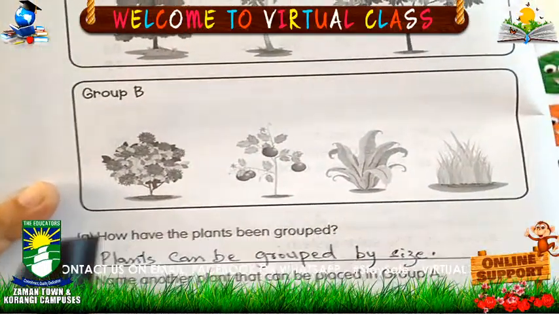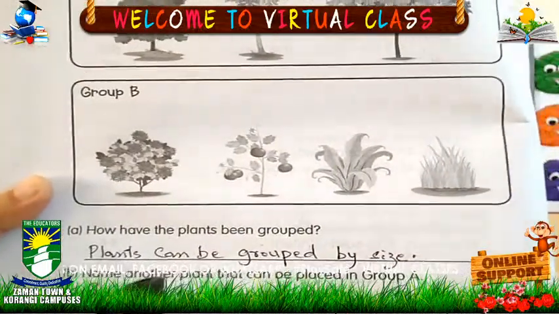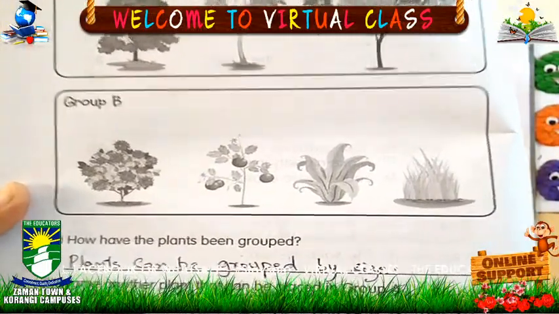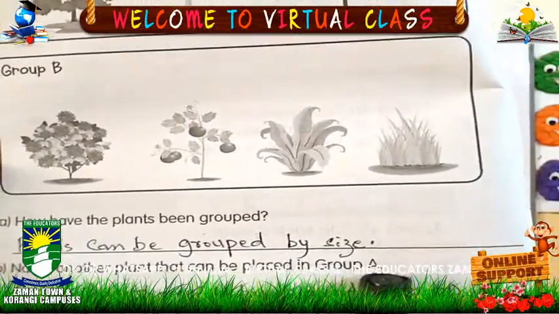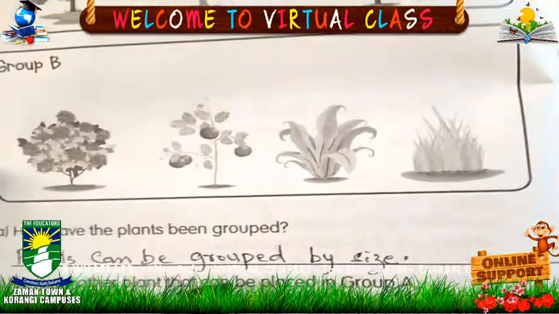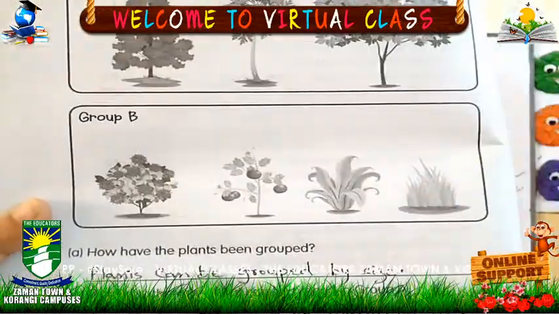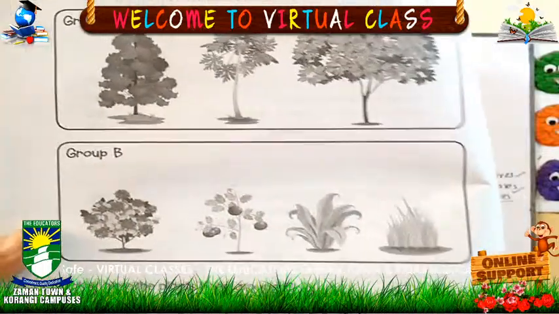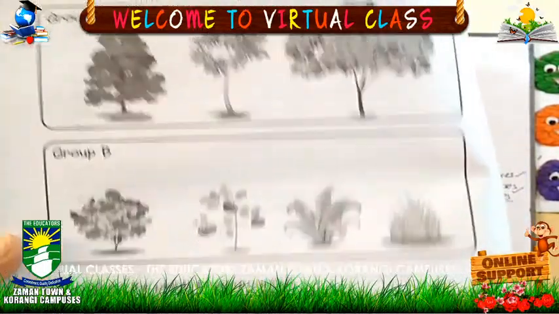So what will we write in the answer? Plants can be grouped by their size. These are the tall plants, these are short plants. So we write here that these plants are grouped according to their size.